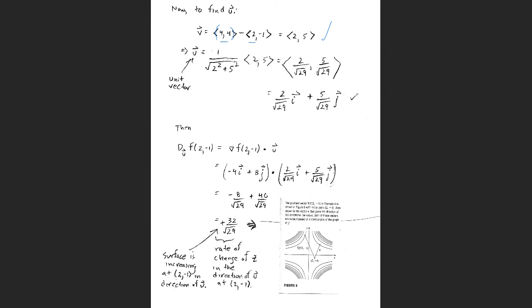So the magnitude of the vector v is going to be the square root of 29. And I multiply that by the vector 2, 5, and you get 2 over root 29 comma 5 over root 29.